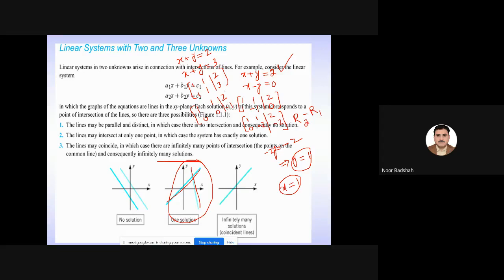So the last equation is giving you 0 is equal to minus 1, which is not possible, which is impossible. Therefore, the system has no solution, and that's the case in this one.